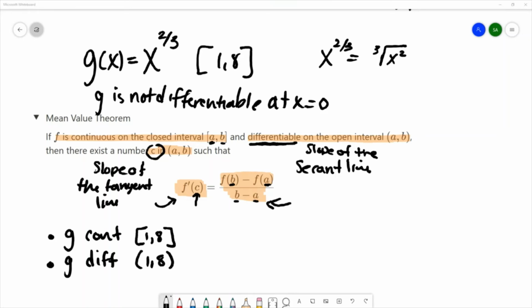So to find the value of c guaranteed by the theorem, we're going to calculate the right-hand side, which is that slope of the secant line. We're going to start calculating the left-hand side by calculating the derivative, and then we'll set those equal to each other and be able to solve for that value of c.